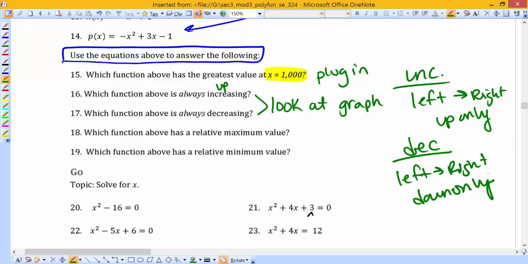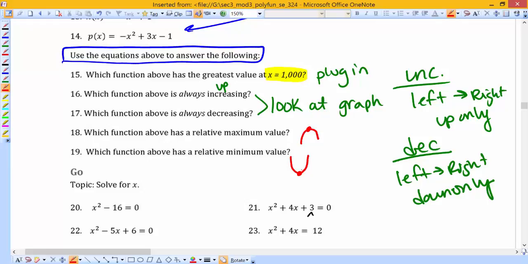Relative maximum and minimum. Those are the graphs that have an absolute top and an absolute bottom. So for the relative maximum, you are looking for a peak. That's when you have a max. A minimum, you're looking for an absolute bottom.